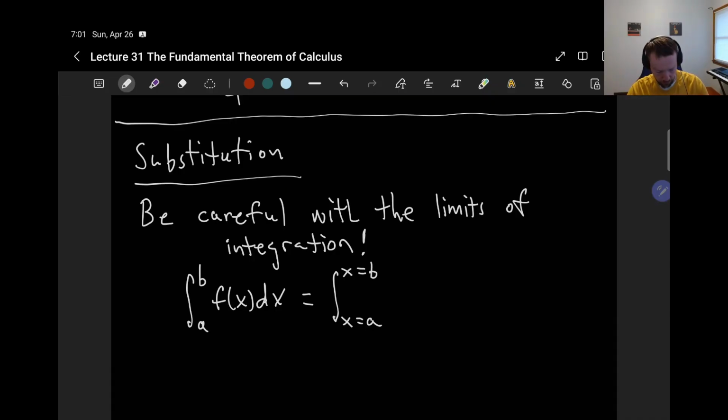They're x values. That means when I switch over to a new variable u, and I'll have a new differential as well, du, I'm not allowed to use x values here any longer. They need to be u values. So we need to change them.